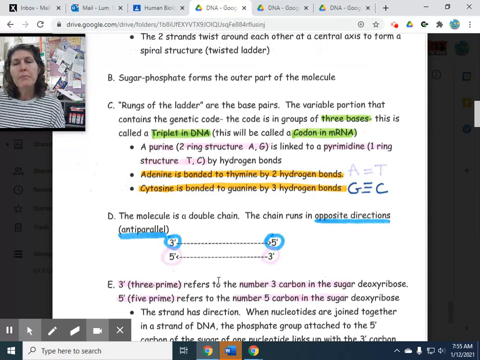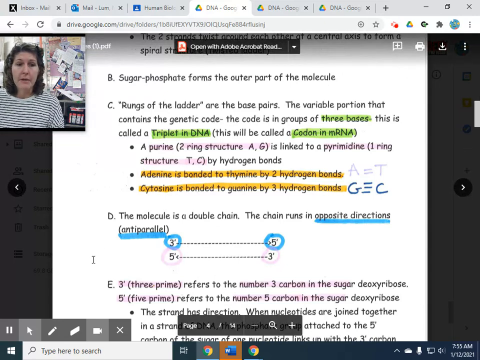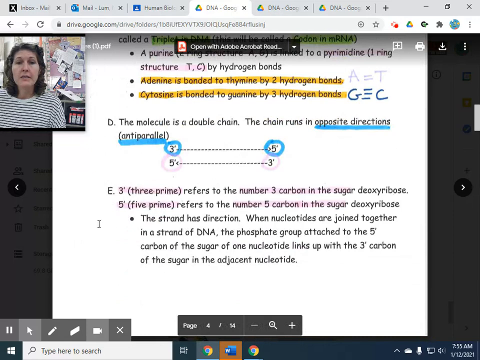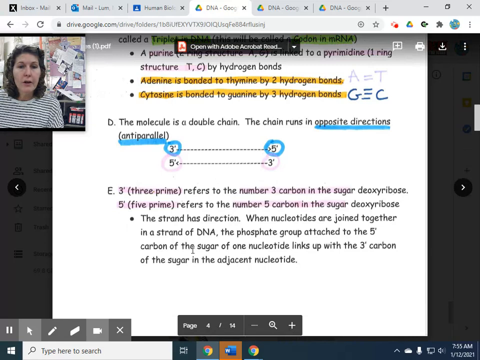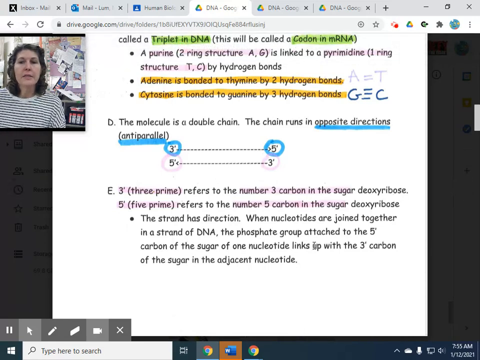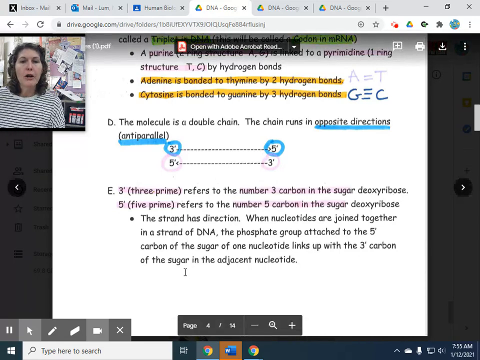And it's going to be important when we replicate DNA, because the old code gets read in one direction, and then the new strand is going to get made in a certain direction as well. So we say that the strand has directions between these 3' and 5' ends. When nucleotides are joined together in the DNA strand, the phosphate group attached to the 5' carbon of a sugar of one nucleotide links up with the 3' carbon of the sugar from the adjacent nucleotide.